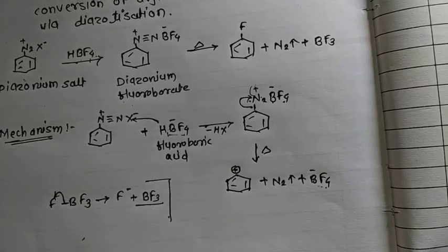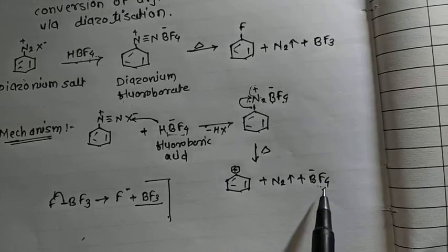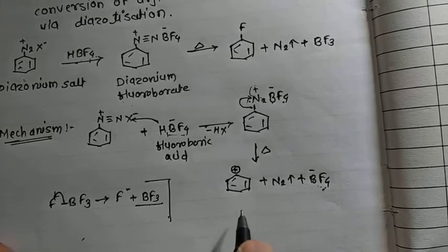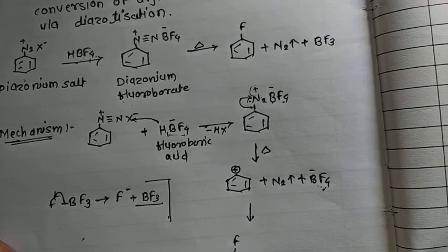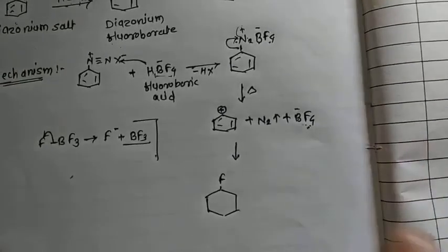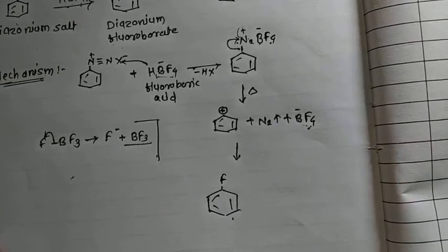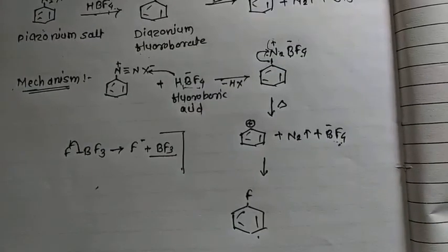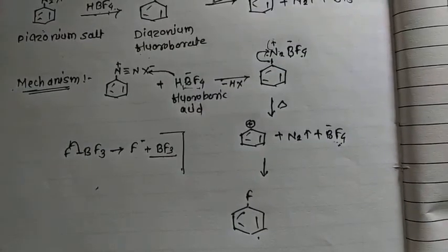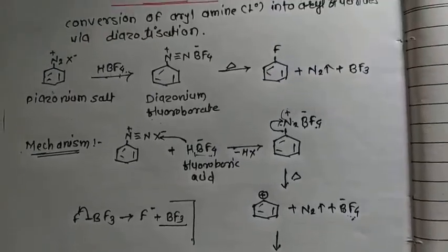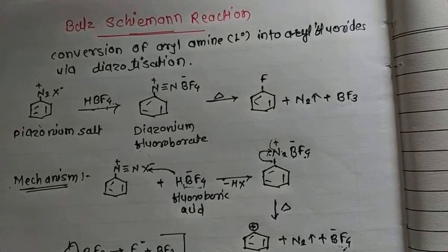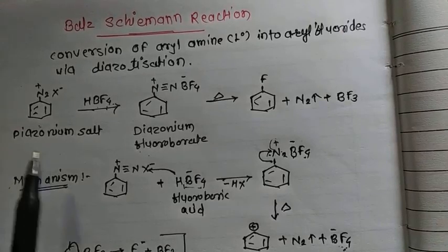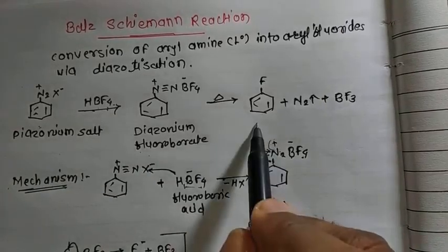Okay, so this F minus from this BF4 attacks the benzene ring, and here we get fluorobenzene. So this is the mechanism of the Balz-Schiemann reaction. So what we have to remember in the Balz-Schiemann reaction is that from the diazonium salt we can prepare an aryl fluoride.